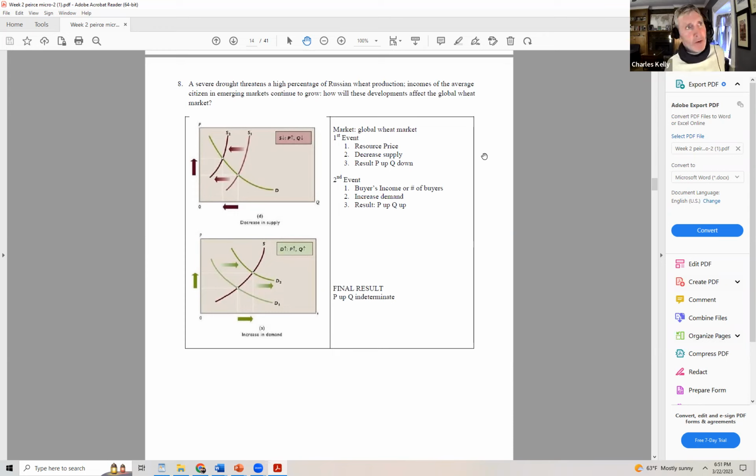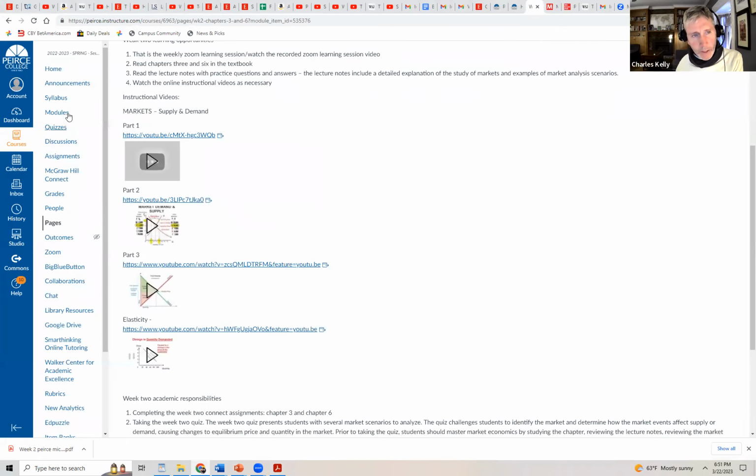These are example market scenarios that show you exactly how to tackle the types of questions that will be on the quiz. In addition to that, when you go to the week 2 quiz, you click on this.